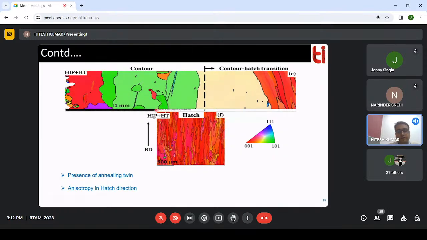The same after heat treatment: in the H direction as well as in the contour, the grain size is quite big, but the texture is not homogeneous, it is a random kind of texture. But in the HIP plus heat-treated sample in the H direction, there is a single texture; the material is highly textured and mostly oriented in the 100 direction. So you can see anisotropy in the H direction because of the texture.